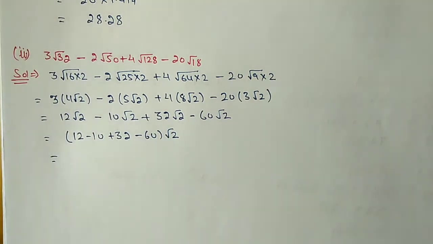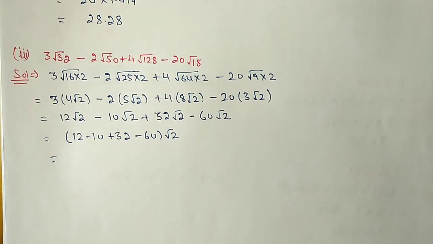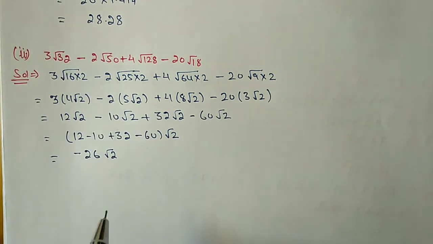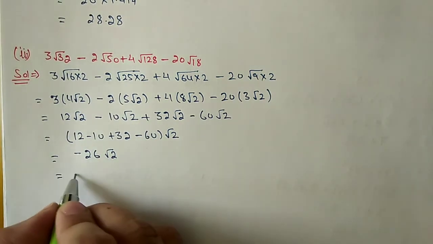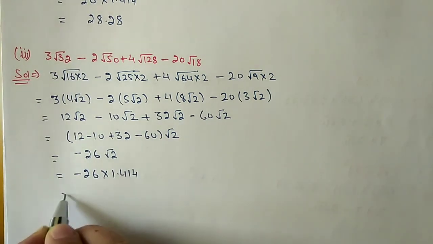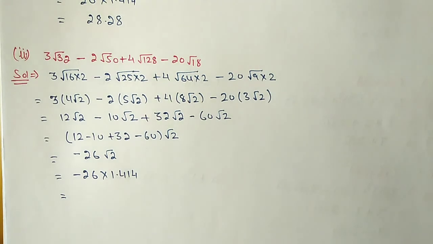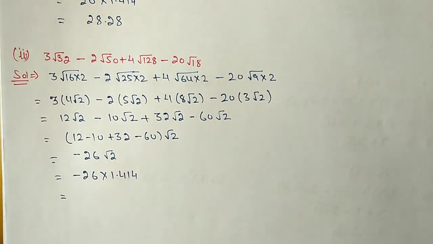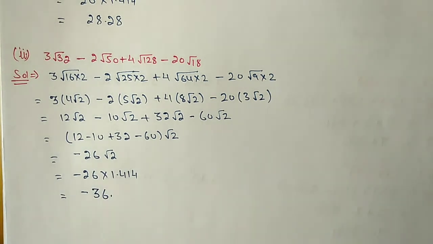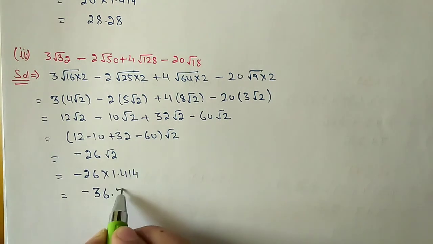After simplification we will get minus 26√2. Now the √2 value we can substitute, minus 26 into 1.414. After multiplication we will get minus 36.764.